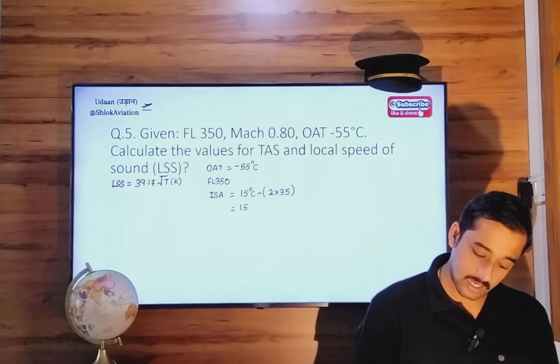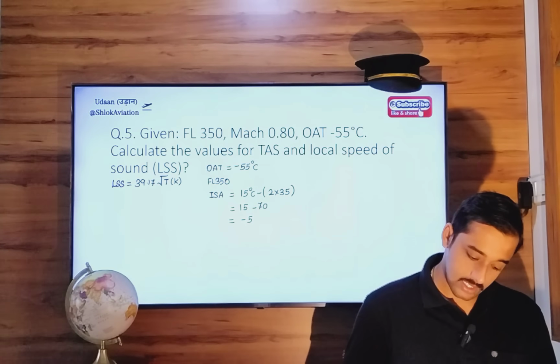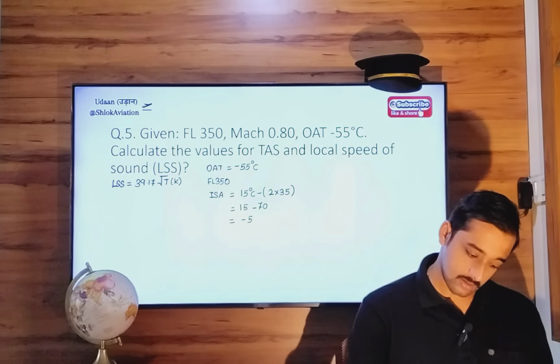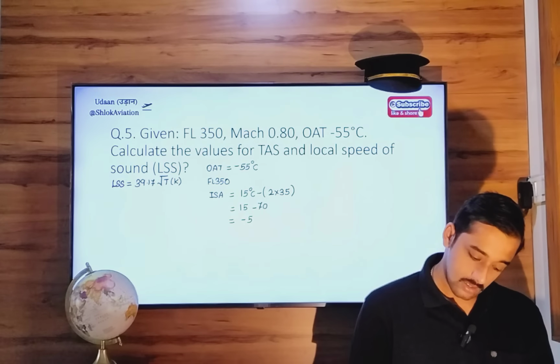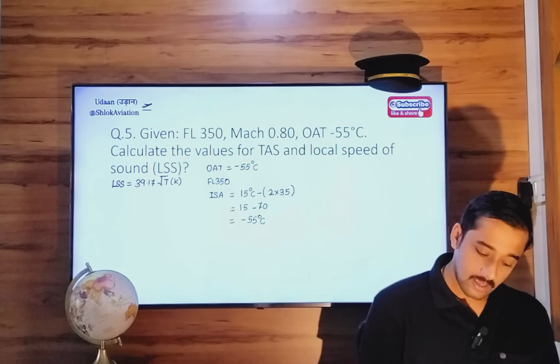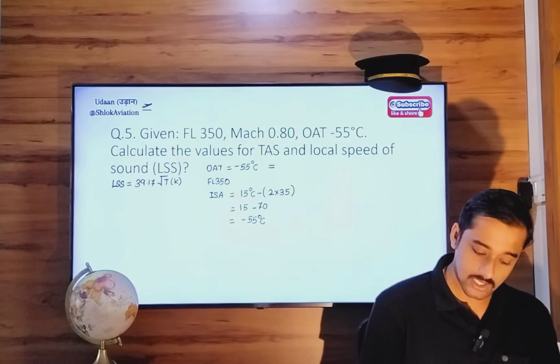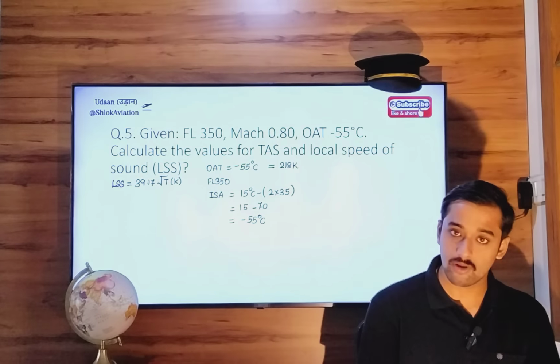So 15 minus 70, that is minus 55 degrees Celsius. Now convert this minus 55 degrees Celsius into Kelvin. So minus 55 plus 273 is 218 Kelvin.